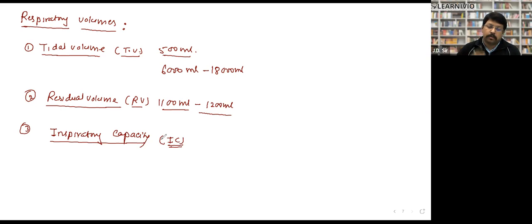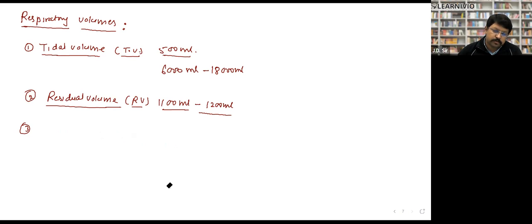Look, before inspiratory capacity, I want to tell you two terms. Actually, it is not mentioned in your NCERT, because inspiratory capacity has a formula. So before going into inspiratory capacity, I want to tell you what is IRV, inspiratory reserve volume. So put the heading. Then I will tell you inspiratory capacity.